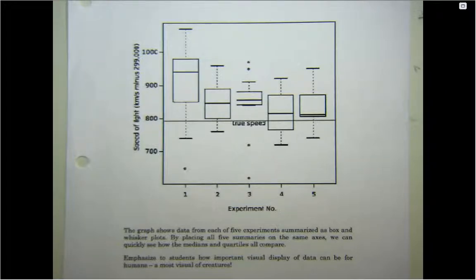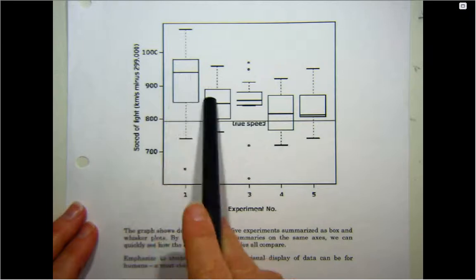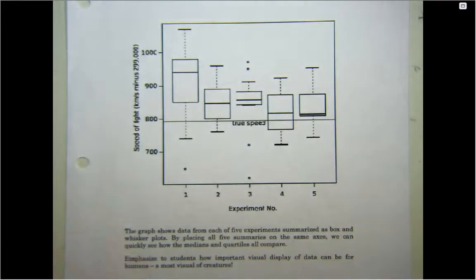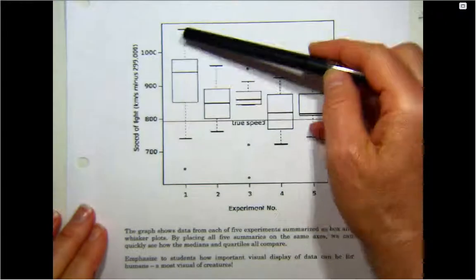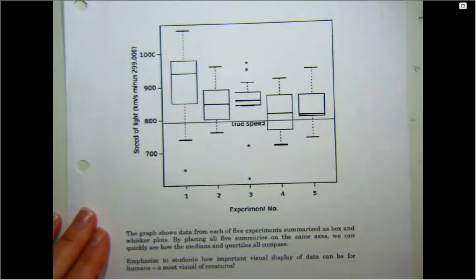So the box contains the middle 50% of the measurements. Remember, we found the median was the middle. That's what these horizontal bars in the center of the box are. The whisker goes to the maximum and down to the minimum.